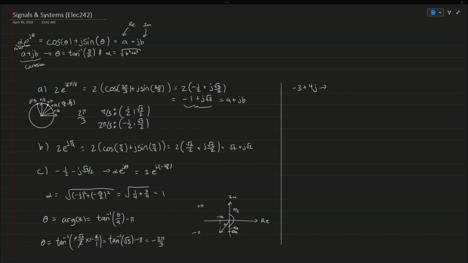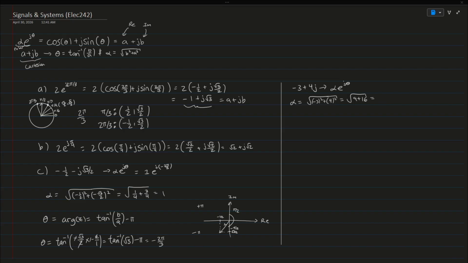Alpha is going to be equal to the root of negative 3 squared plus 4 squared. So we have root of 9 plus 16, which is 25. Root 25 is 5.